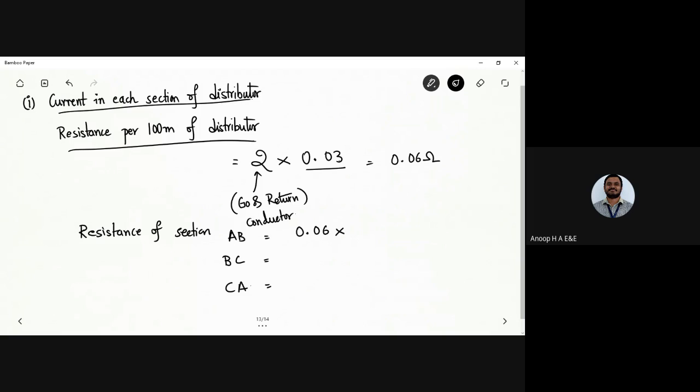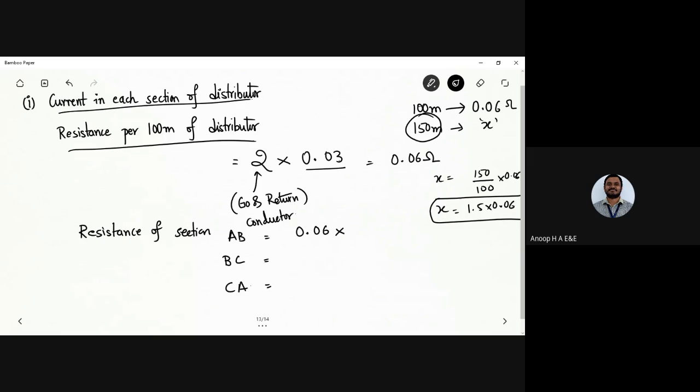For 100 meter, the resistance is 0.06, and what is it for 150 meters? This is varying, so I take the resistance as X ohm. That would be 150 by 100 into 0.06, that is 1.5 into 0.06, which is the value of X.